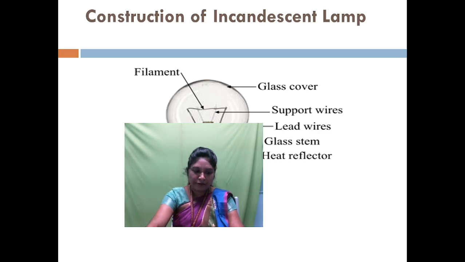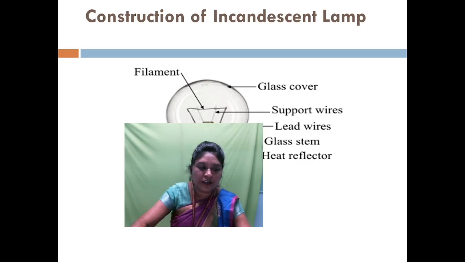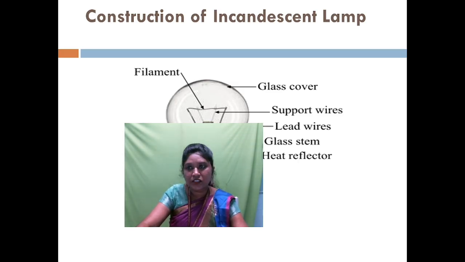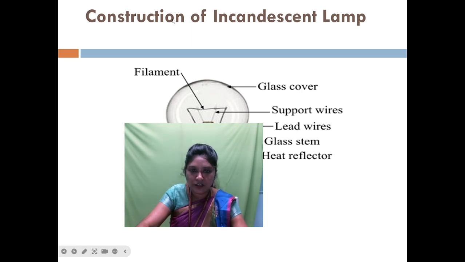Any other metal preferred should be strong and lightweight so that it can withstand vibration. That's why we use the tungsten filament. Another point is that tungsten has a high melting point, so we prefer the tungsten filament.